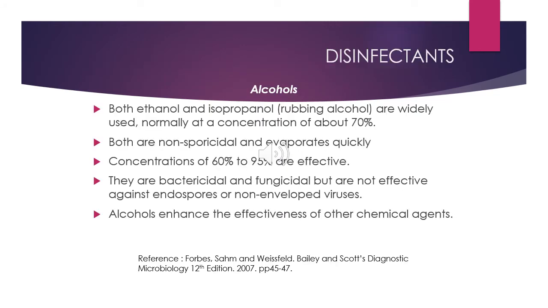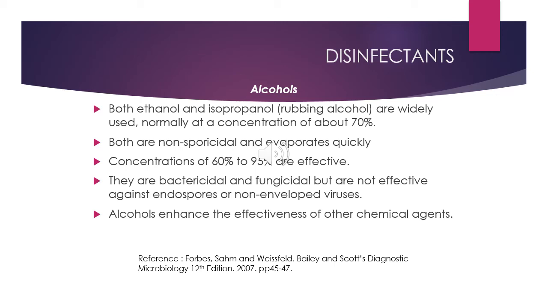Okay, so ngayong pandemic, palagi tayo may dalang alcohol. So, ano nga ba ang effective concentration ng alcohol? So, both ethanol and isopropanol are widely used, and normally they are prepared at a concentration of about 70%. But both are non-sporicidal. So, ibig sabihin, they cannot eradicate spores.